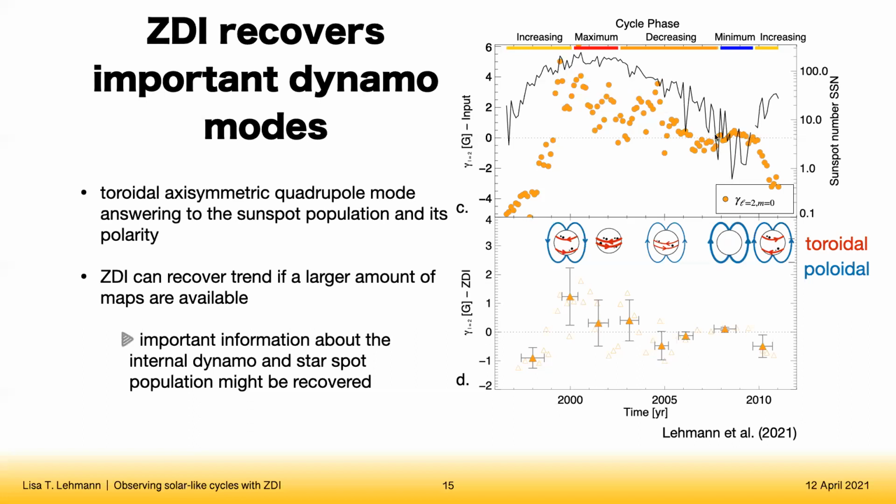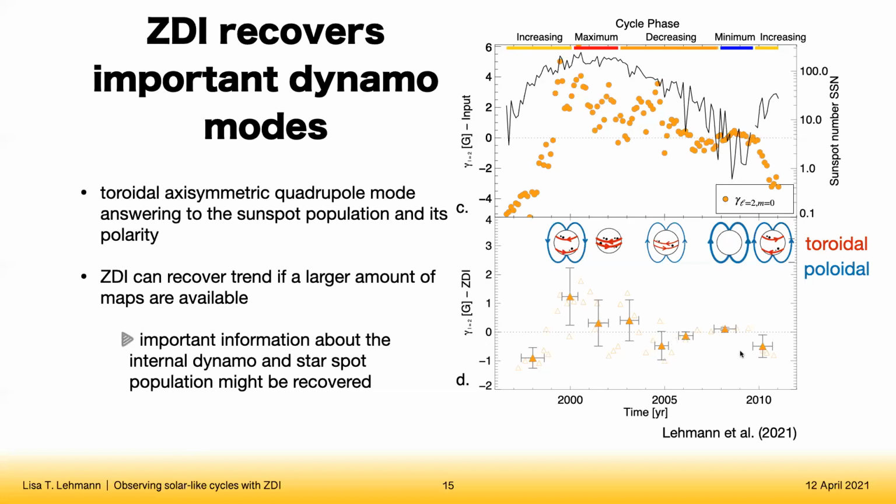While between solar cycle 23 and 24, we have the situation that we're approaching this very long minimum. We have nearly no or no sunspots for a year or longer, so that we are really getting to 0 in this mode before the new cycle starts again. The very promising thing is that ZDI gets this trend more or less. You would need a very good sample in time to really be sure to see this trend.